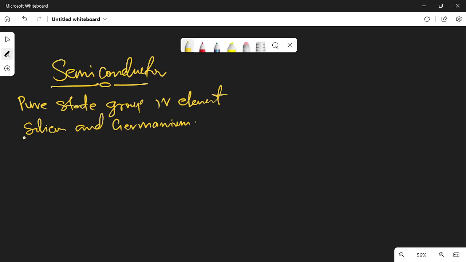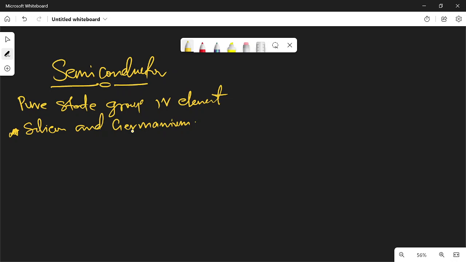So these are very common semiconductor materials. Normally, group 4 elements are semiconductors. So if you pick any group 4 element, it is a semiconductor. But because of their period, germanium and silicon are widely used compared to any other group 4 element as a pure semiconductor.